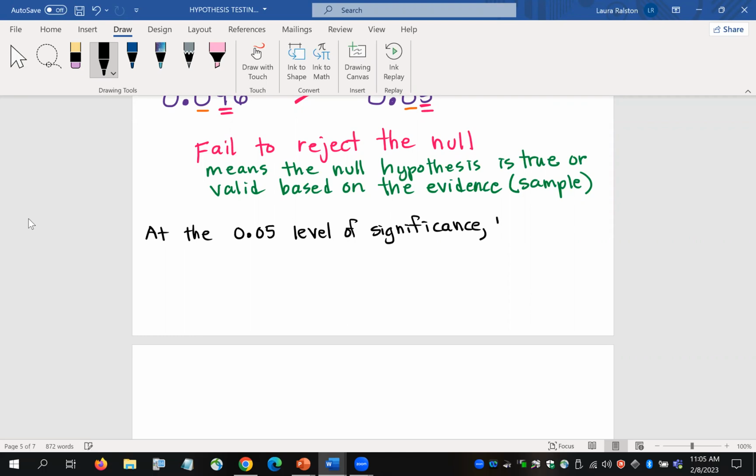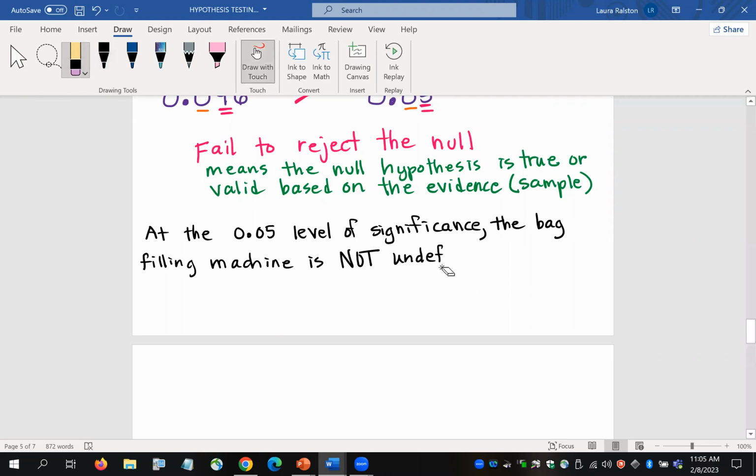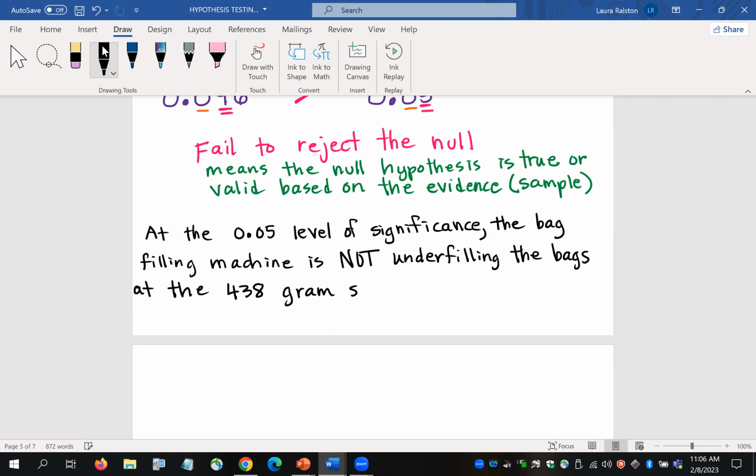We could say the bag filling machine is not underfilling the bags at the 438 gram setting.